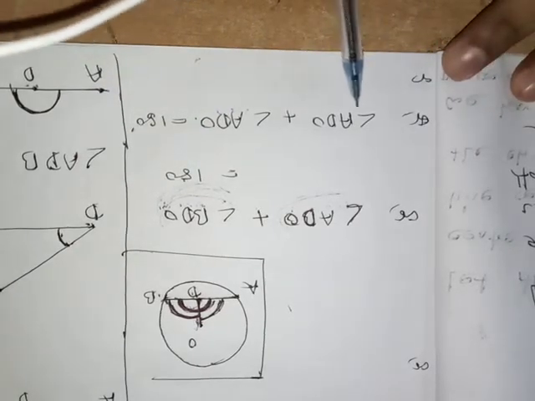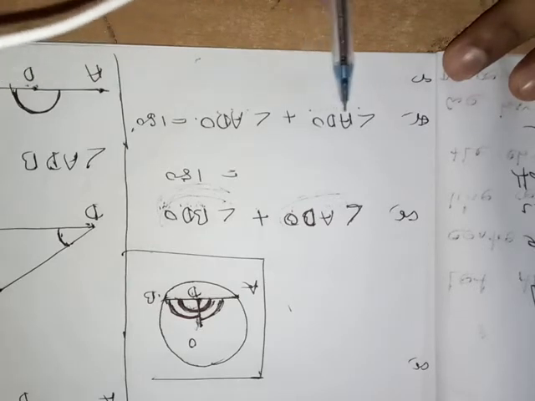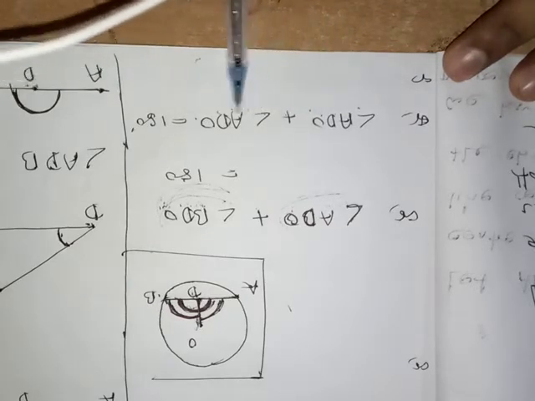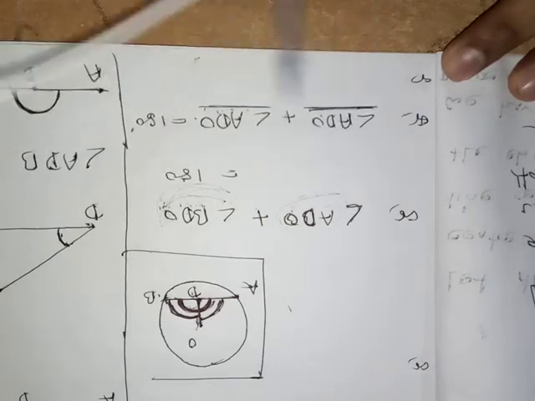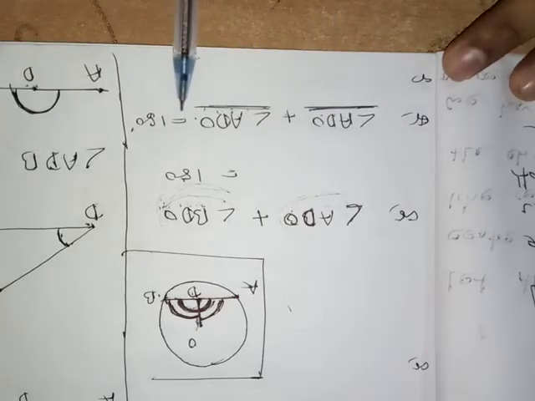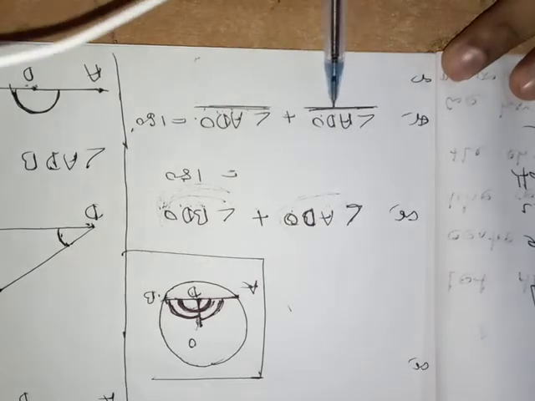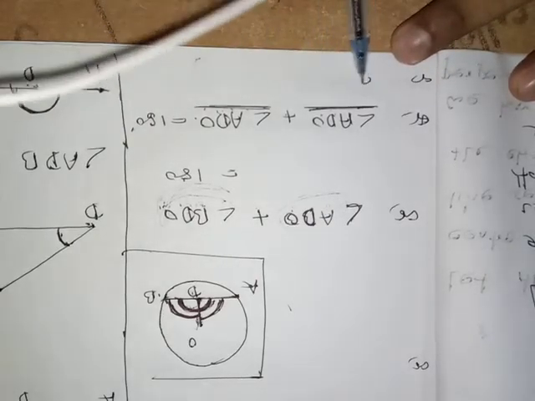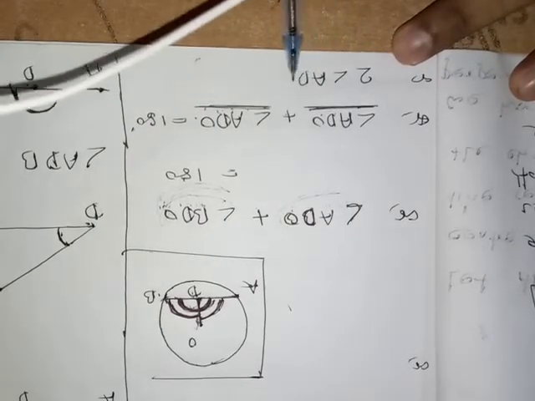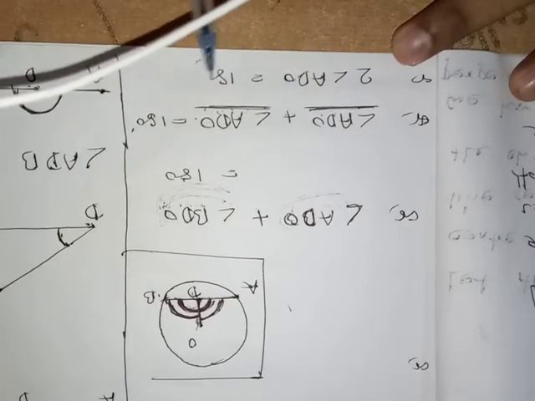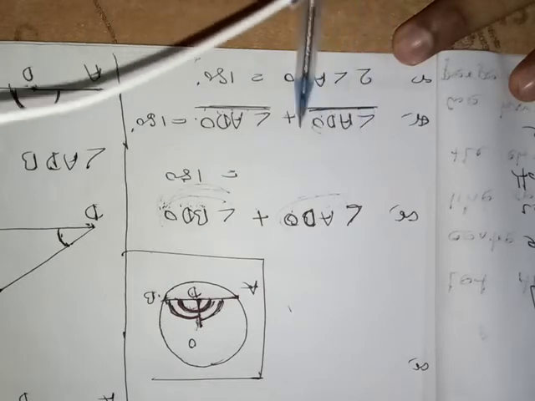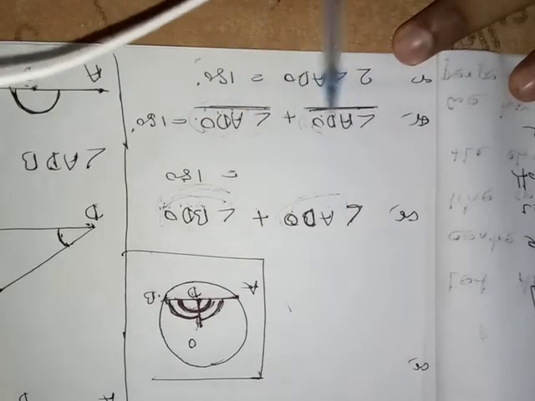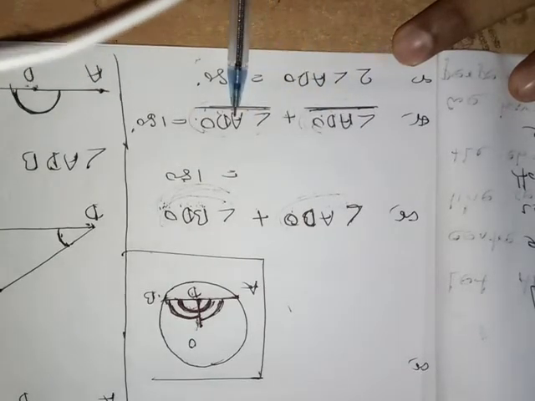Or angle ADO plus angle ADO. See, these two angles are the same. So angle ADO plus angle ADO, we can write 2 angle ADO is equal to 180 degrees. Let this be A, then A plus A we can write 2A.